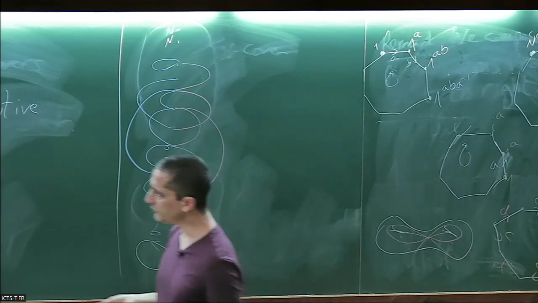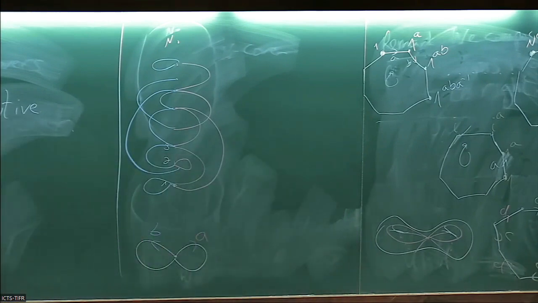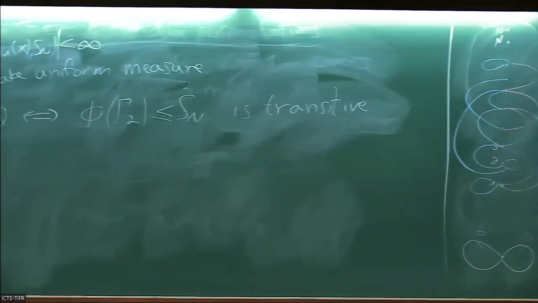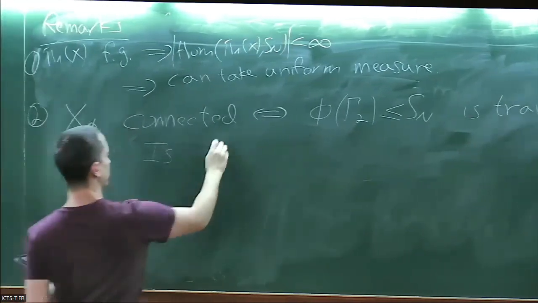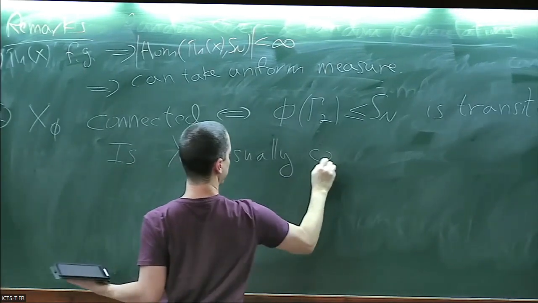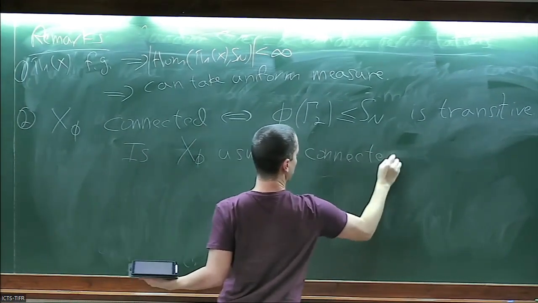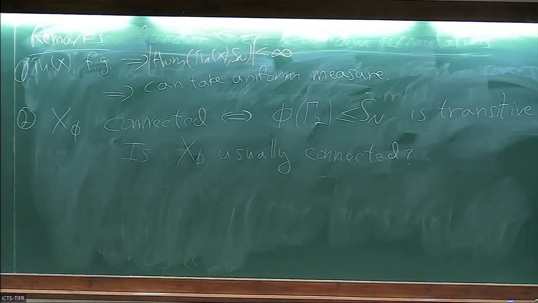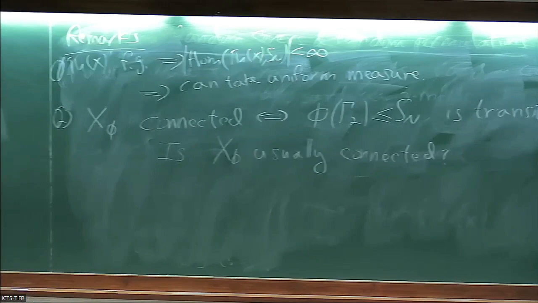And we can ask whether, in this model, the objects we get are usually connected or not. This is one key feature. So is X_phi usually connected? Namely, is the image of this group usually transitive?